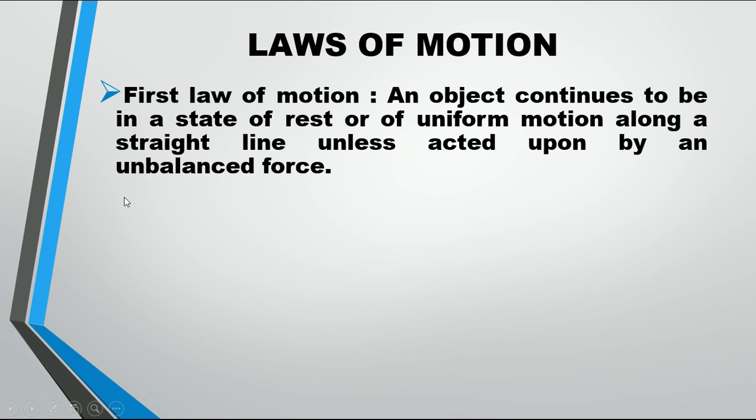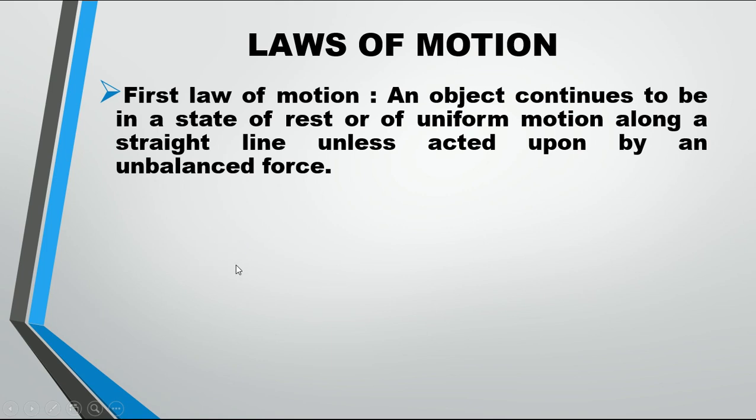So from the first law of motion you may remember another term. What was that term? Inertia. What was inertia? The tendency of an object to resist a change in its state of rest or of uniform motion. That was called inertia.